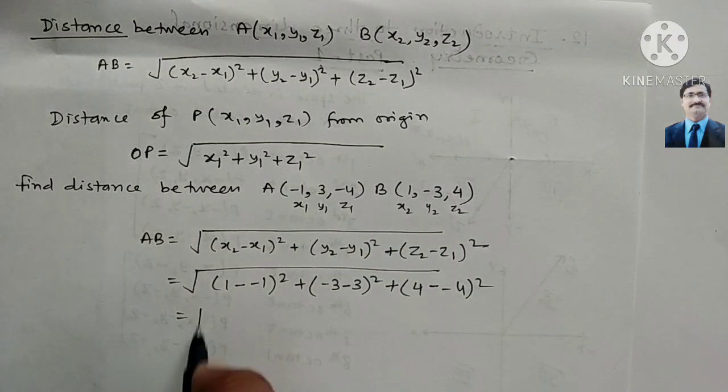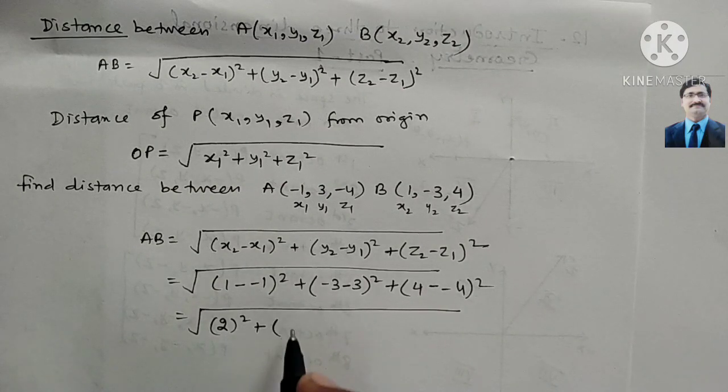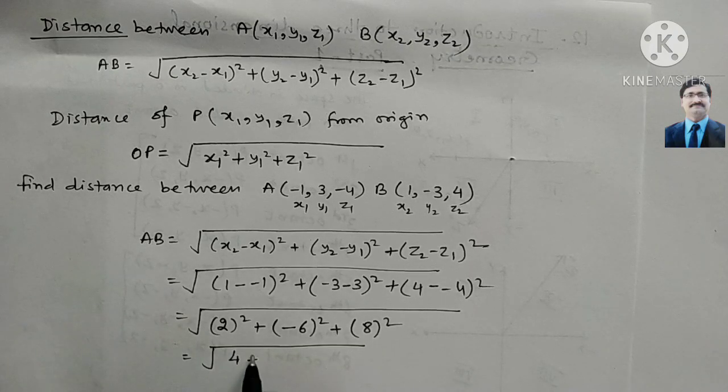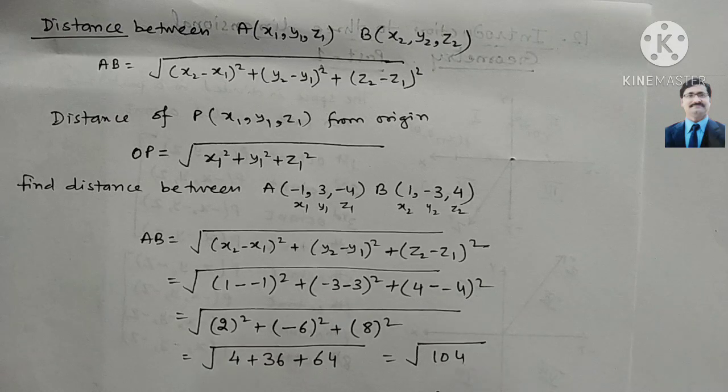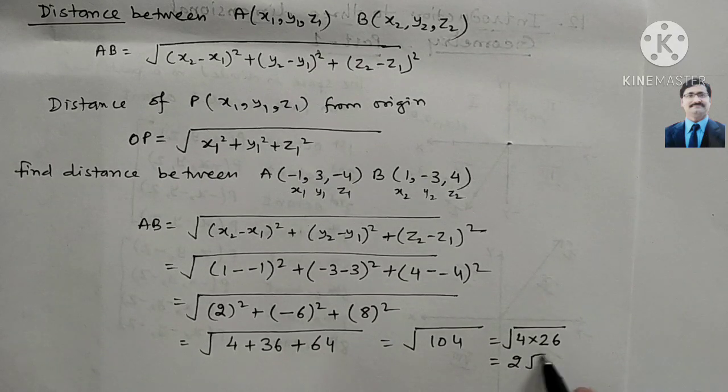So look here, we will calculate these: this is 1 plus 1 means 2, 2 whole square, and this is minus 6 whole square, and this is 4 plus 4, 8 whole square. So 2 square is 4, 6 square is 36, and 8 square is 64. We will add these and get 104, and we can divide 104 by 4. So we can write 4 into 26, which gives 2 root 26. This is the distance between these 2 points.